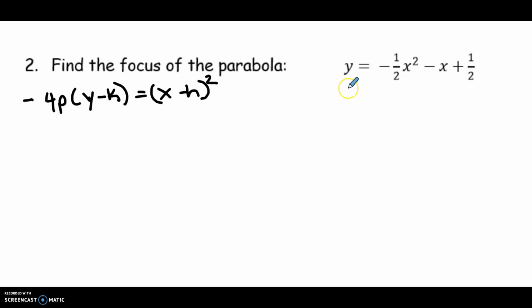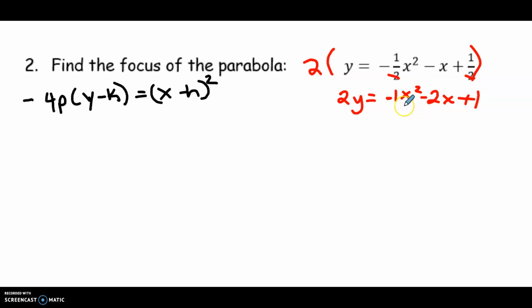All right, so number one, I do not want to deal with fractions. So what I'm going to do here is multiply every term by 2. If I multiply everything by 2, these 2s in the denominator should cancel. So I get 2y is equal to negative, I multiplied 1/2 by 2 and I get negative 1x squared minus 2x plus 1.